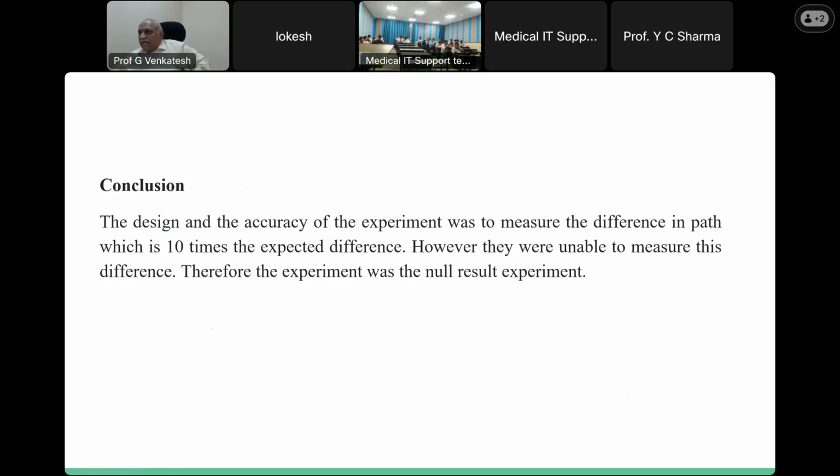And Michelson and Morley designed this experiment such that the fringe shift expected from this calculation was of the order of 0.4 fringe. But the design of the apparatus was such that it could measure a fringe shift 10 times smaller than the expected difference. However, they were unable to measure this difference. Therefore, the experiment was a null result experiment.